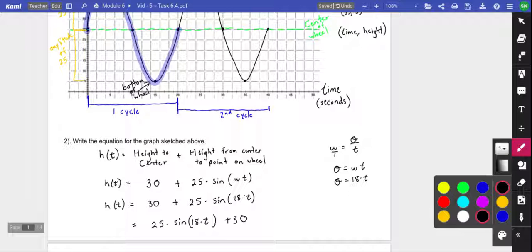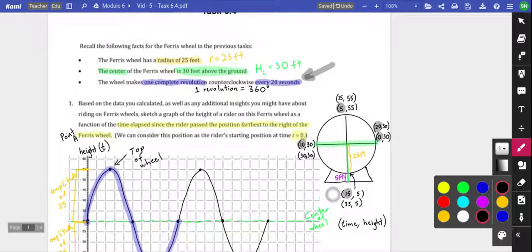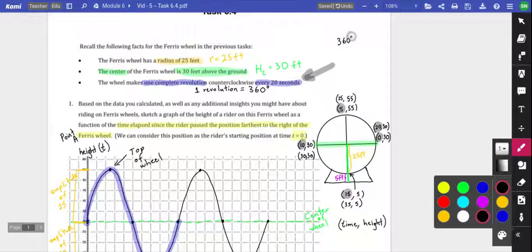And just in case you don't remember where we got the 18 for W, remember that in order to get the angular speed, we know that 360 degrees is covered in 20 seconds.